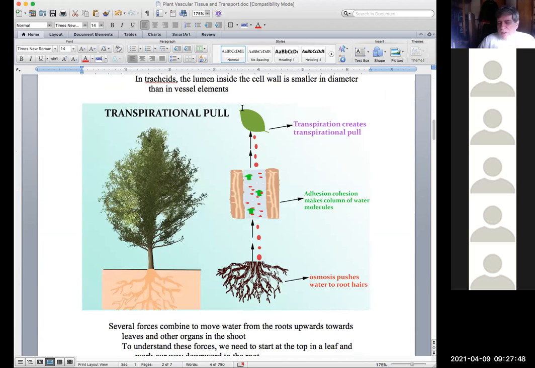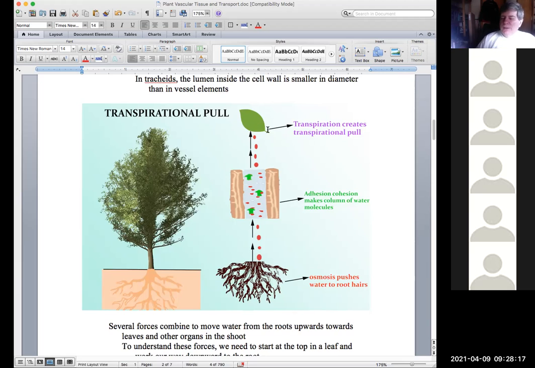We're going to be thinking of water moving up the plant, and even though the water technically starts in the roots and moves upward, we're going to start in the leaves at the top and work our way down, because you might think that the water moves upward from the roots, but it's really pulled upward by the leaves.